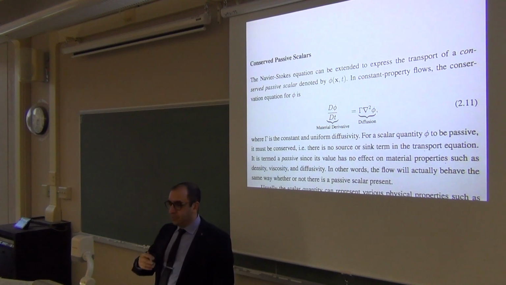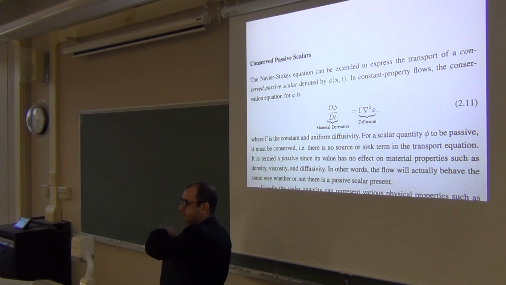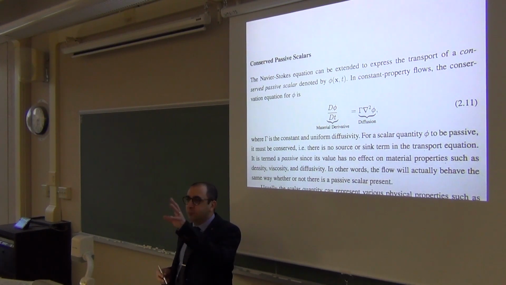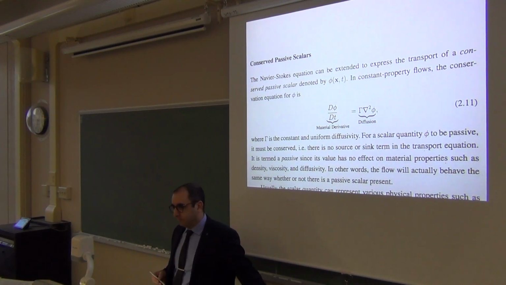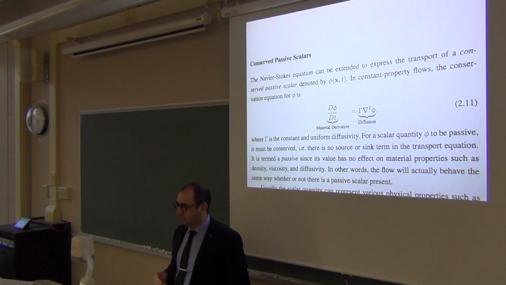Let's say air is flowing in this room, right? So I move my hand. Air moves with my hand, right? Air moved in some way. Let's now say I still move my hand, but I release some smoke here, right? And I move my hand again. Would motion of air change with or in the absence of the smoke?